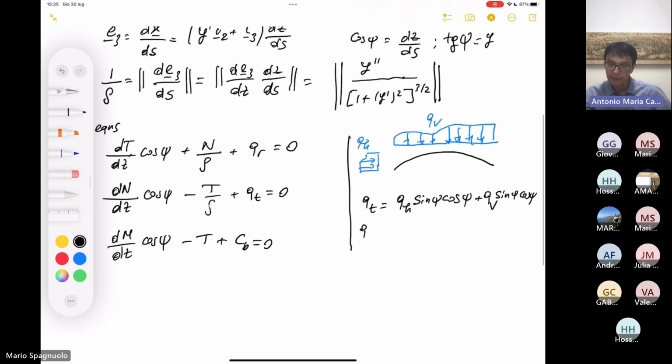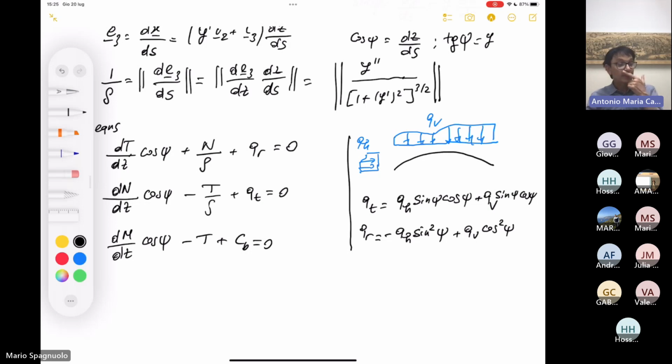This is for the tangential load. For the radial load, we can write minus QH sine squared of psi plus QB cosine squared of psi. Okay, so these are the equilibrium equations.